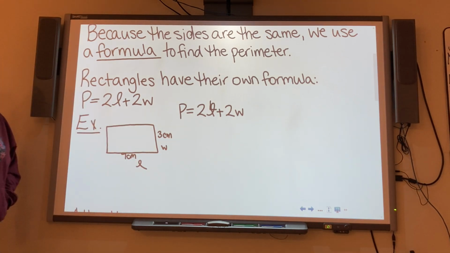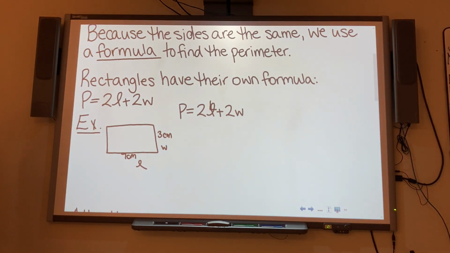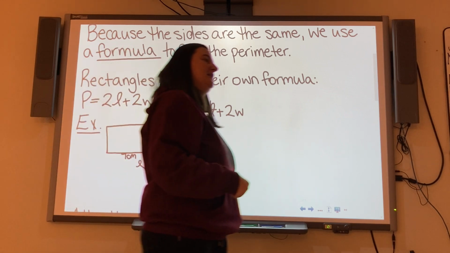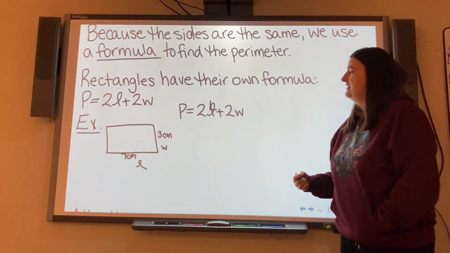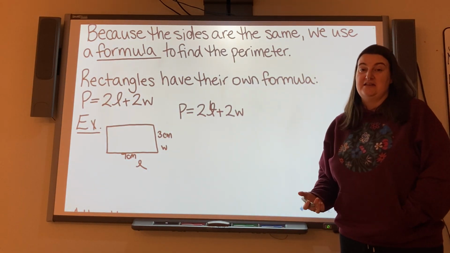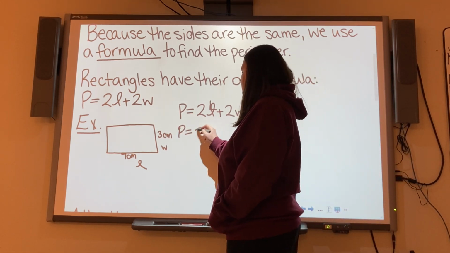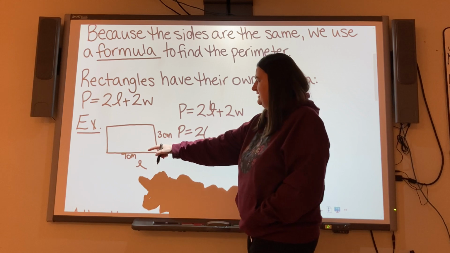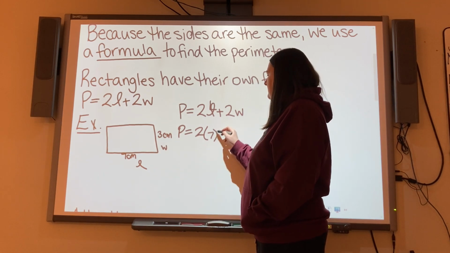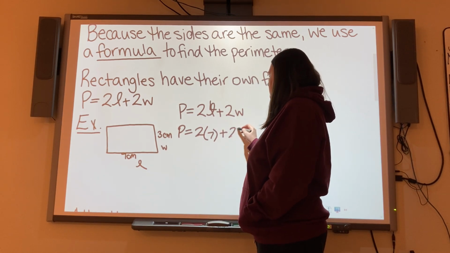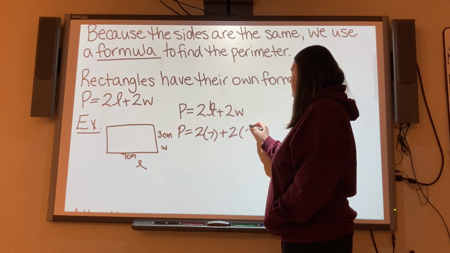So now that I've figured out which one is which, I go back to my formula and I replace the L and the W with how much they are on my diagram. So P equals 2 times the L, which is 7, plus 2 times the W, which is 3.